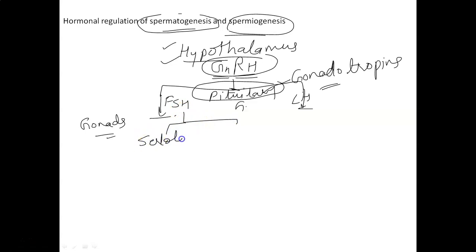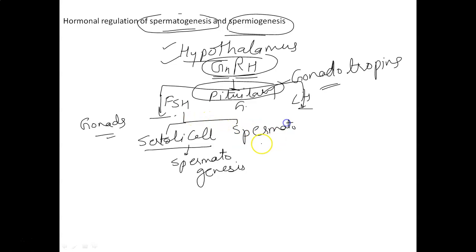Sertoli cells, as we have just seen, provide the nutrition. FSH will act on Sertoli cell, and this Sertoli cell will stimulate spermatogonia for spermatogenesis, first factor. And the second one, it will directly act on spermatogonia. So it will undergo spermatogenesis.